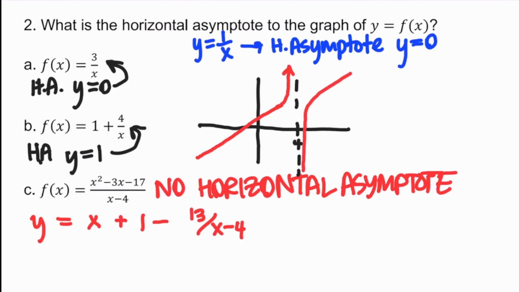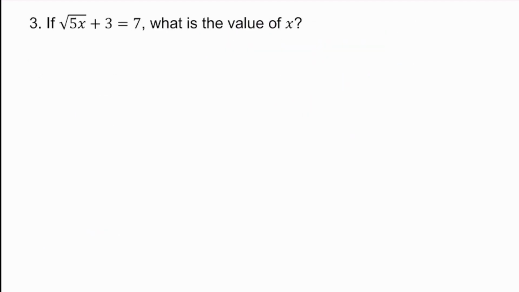But otherwise, it's going to pick back up on its overall pattern of being y equals x plus 1. And so it's going to have what we would call a slanted asymptote. But we didn't talk about that much in Algebra 2, at least in my class. So we're just going to say bigger on top, no horizontal asymptote.